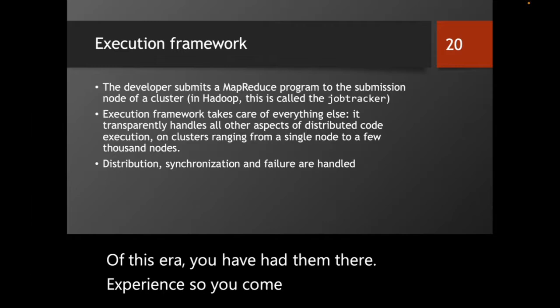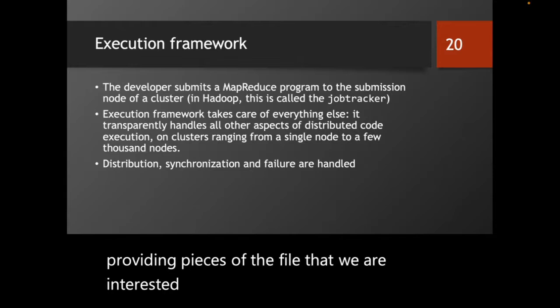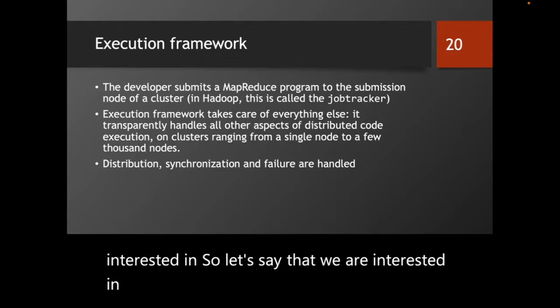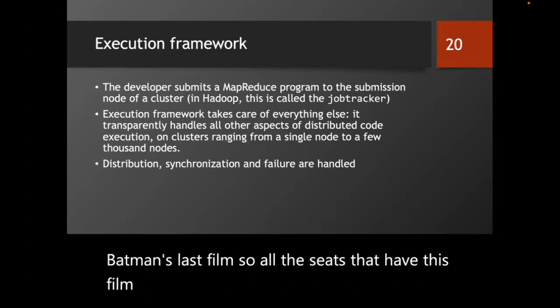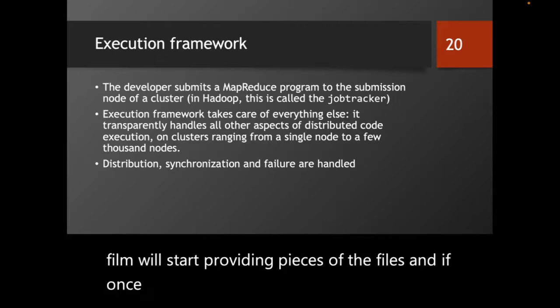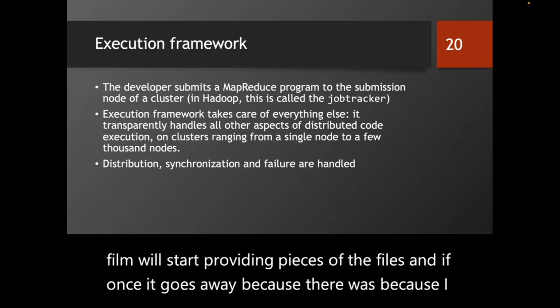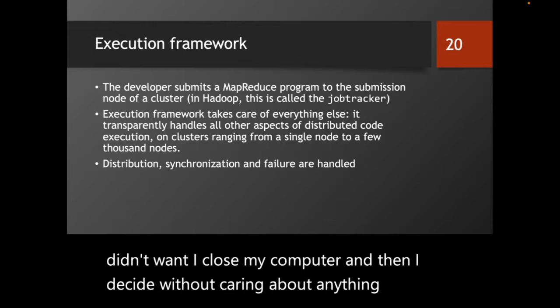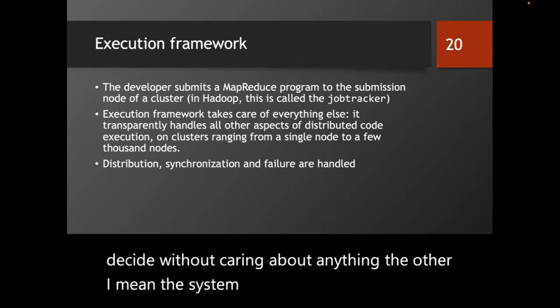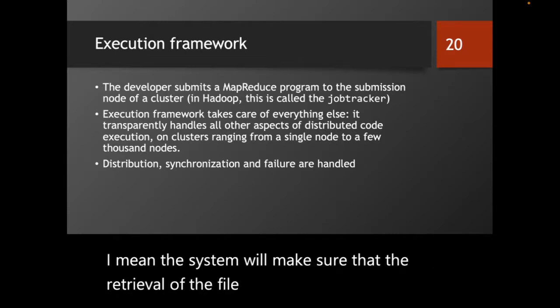All the peers start providing pieces of the file that we are interested in. Let's say that we are interested in getting Batman's last film. All the seeds that have this film will start providing pieces of the file. And if one seed goes away because I closed my computer without caring about anything, the system will make sure that the retrieval of the file continues from a certain point.